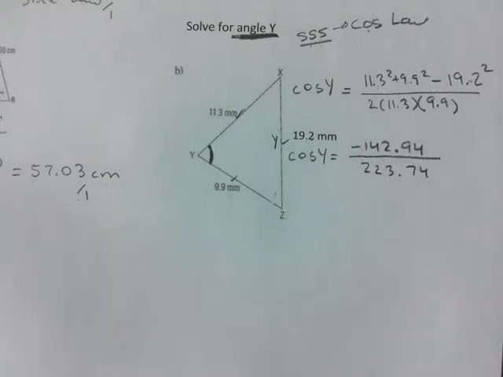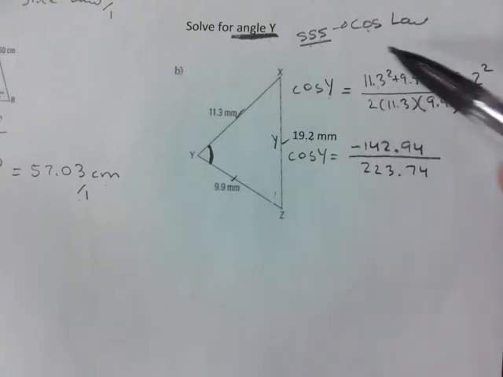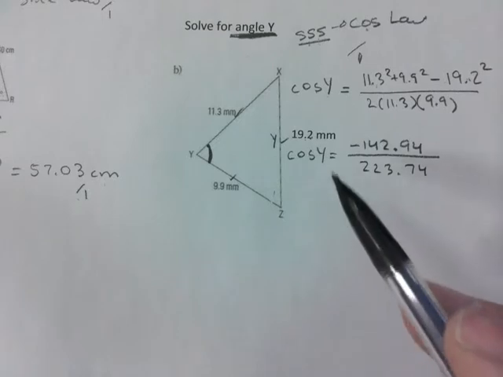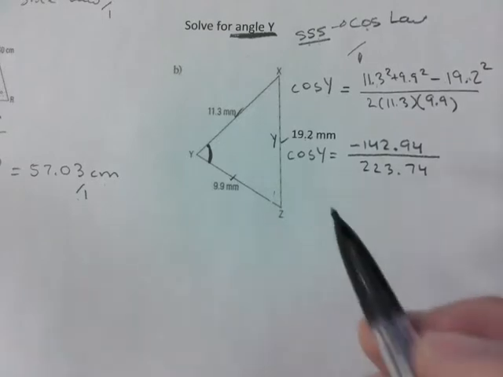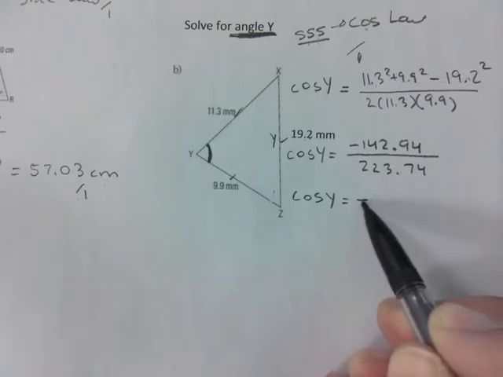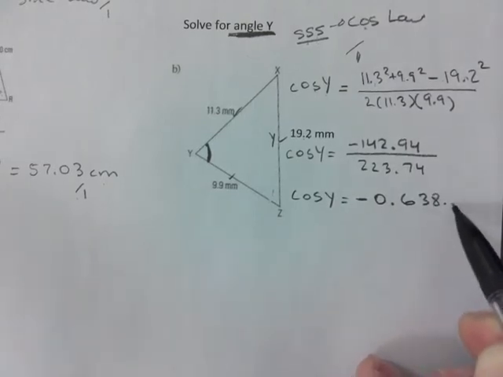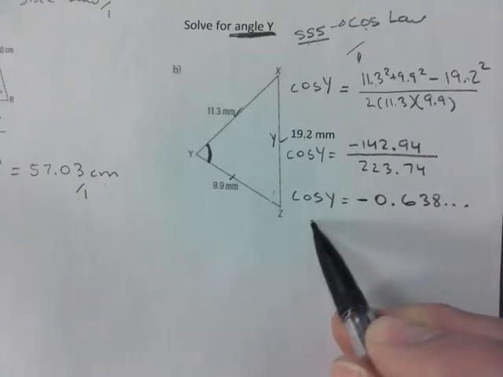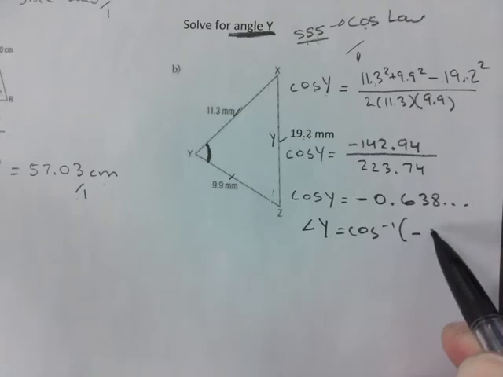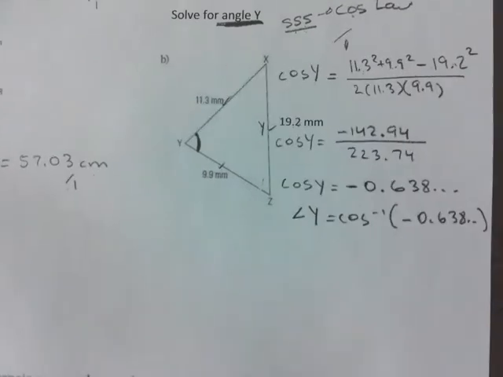Where, if you have that, if you use cosine law to start you off, you get 1 mark. Then for the work, my next line is going to be like this. Watch. It's going to be negative 0.638 dot dot dot. And so angle Y is cosine inverse of negative that. We talked about that quite often, right?